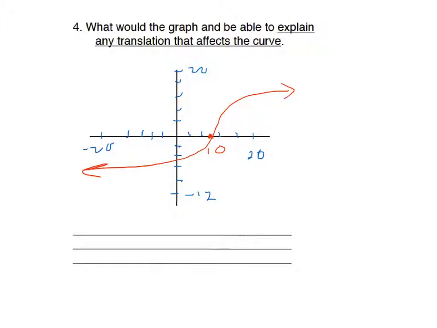Okay, now we need to describe what occurred to this function. Well, all that happened in this function is, you had the cube root, and it said x minus 10, so you're going to take a look in here, and you see it moved it 10 to the right.